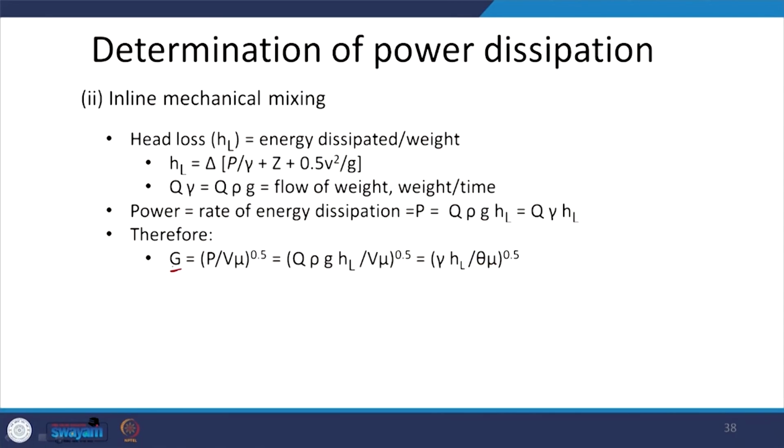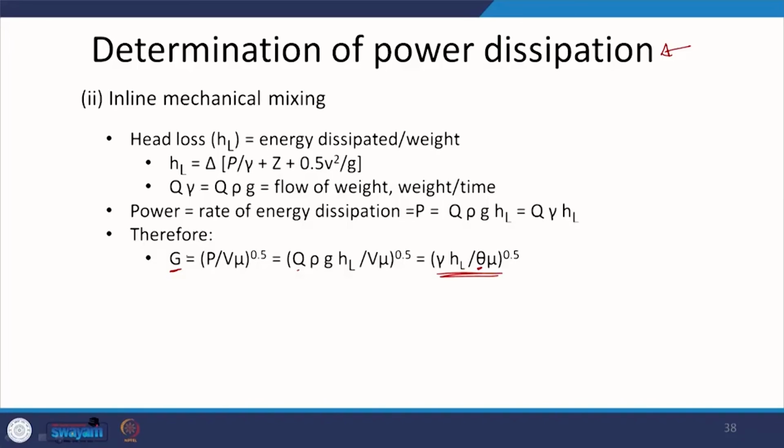From G, the level of mixing is based on the relevant head loss and the hydraulic retention time, because we know V by Q is equal to theta. Again, we are looking at the power dissipation. I'm putting in power and I want to understand how it is being dissipated and what level of mixing I'm going to get.